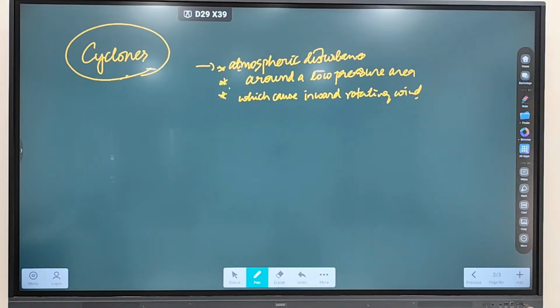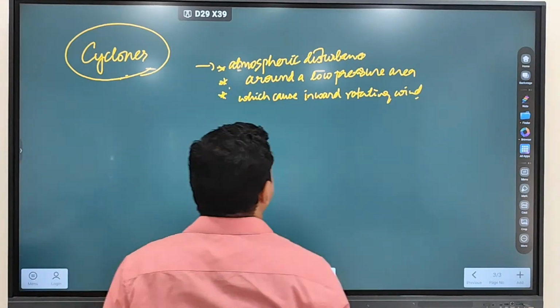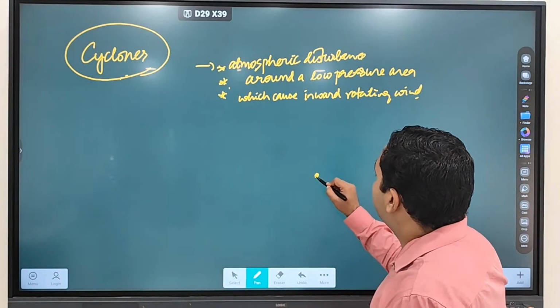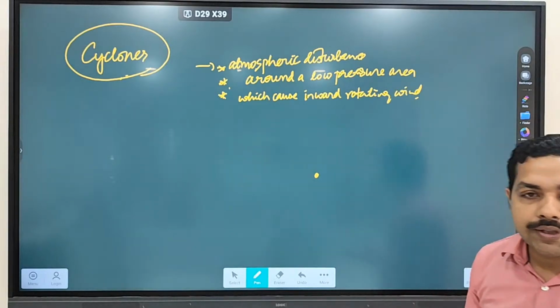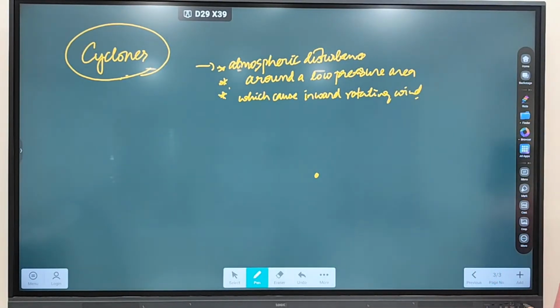Now, why is this low pressure center created? Because of excessive heating. We discussed that whenever heating happens, low pressures are going to be formed. So these low pressures are created because of heating by the sun. Fine.